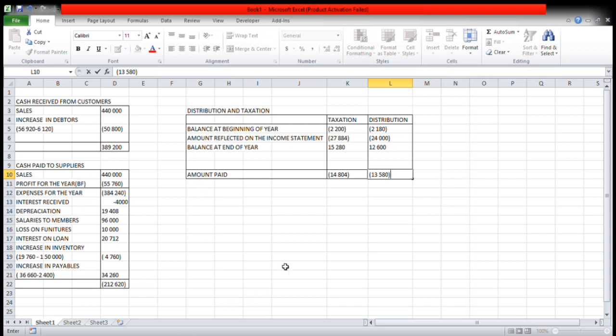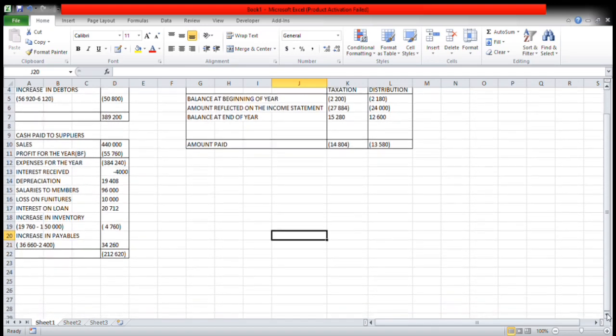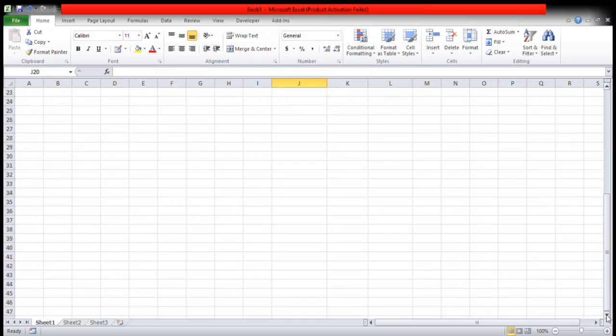Then here we go. We are done with the notes. So I'm going to prepare the cash flow statement for the year. So we're going to have the cash flow statement for the year.